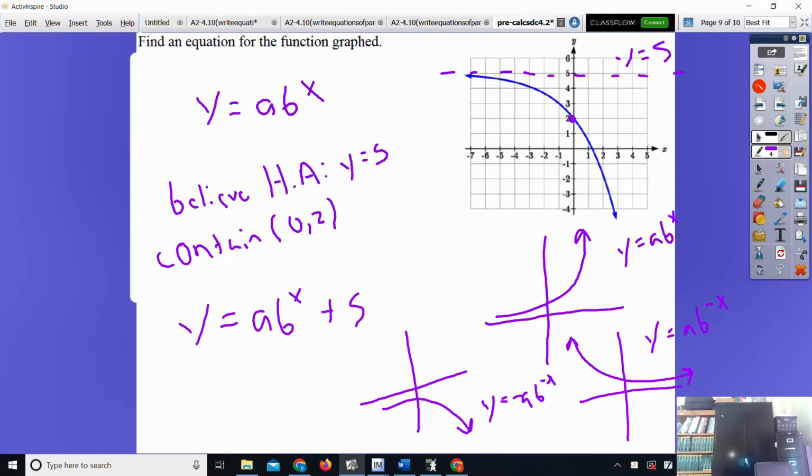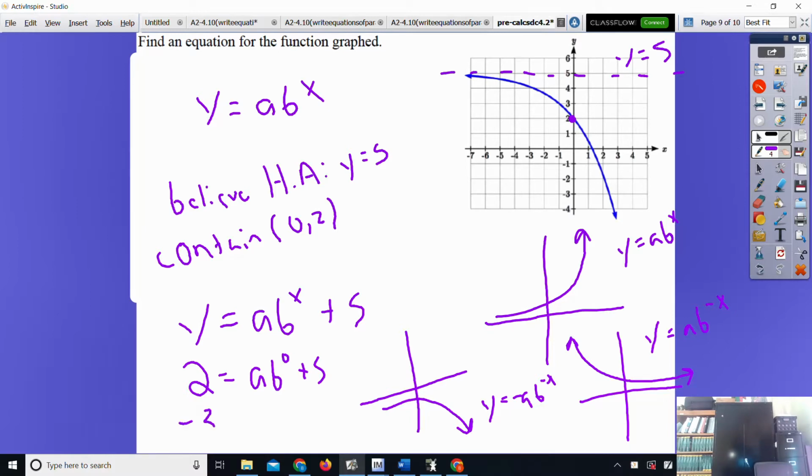Well, if we plug in what we have, we would have 2 equals... Oh, this is enough. I'm just being stupid. 2 equals a b to the 0 plus 5. Isn't that enough? Yeah. So a plus 5 equals 2. So a is negative 3. Oh, yes.